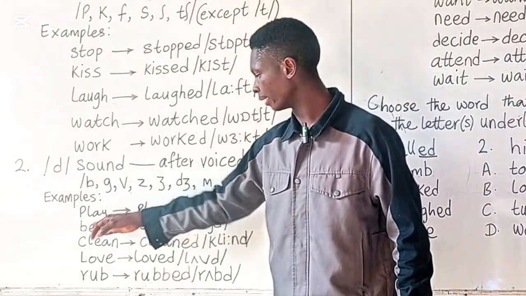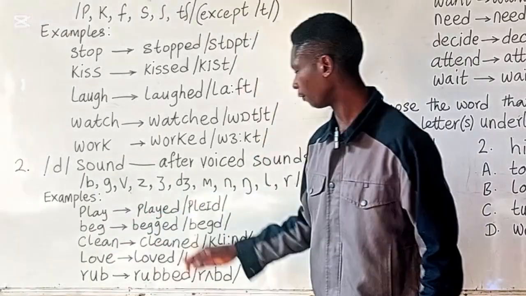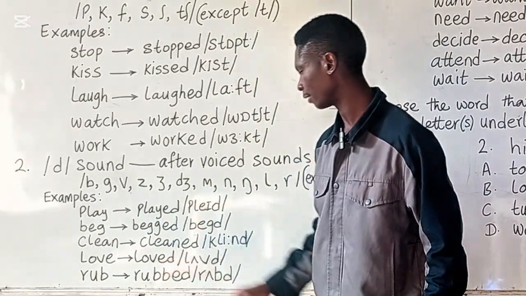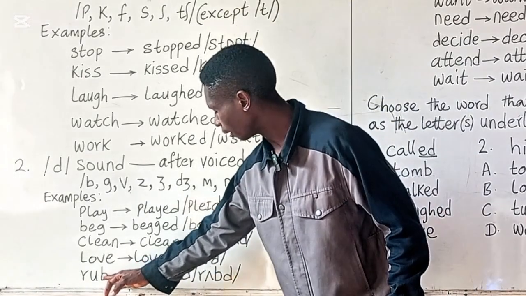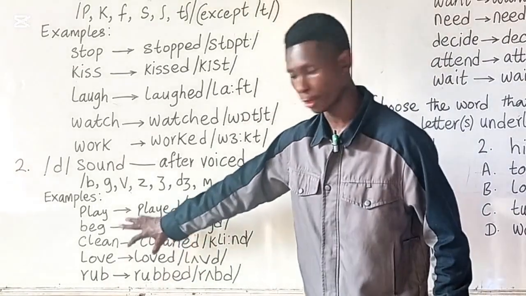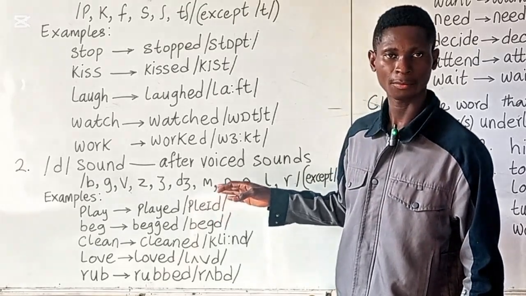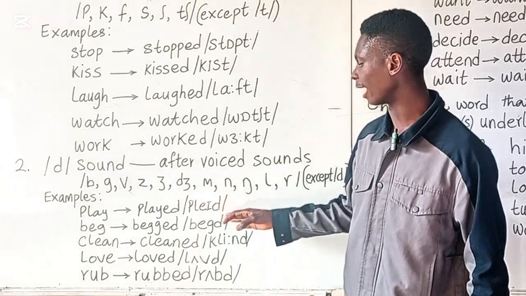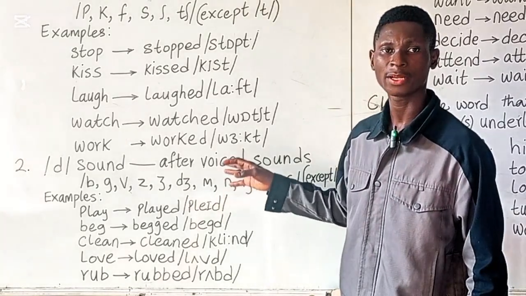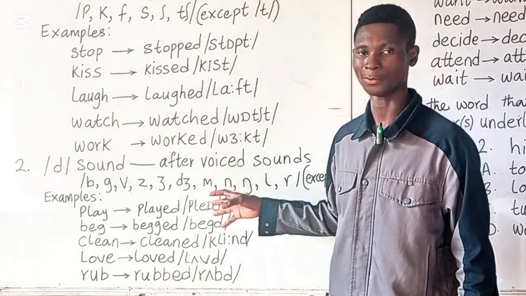In the word beg, we have begged. Clean, we have cleaned. Love, we have loved. Rub, we have rubbed. So in each of these words, we have the ED past tense marker realized as D because it comes immediately after a voiced sound.